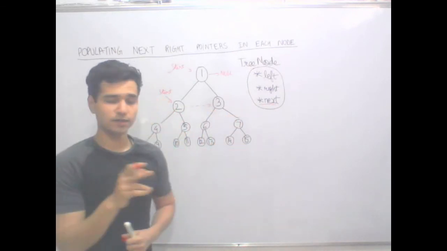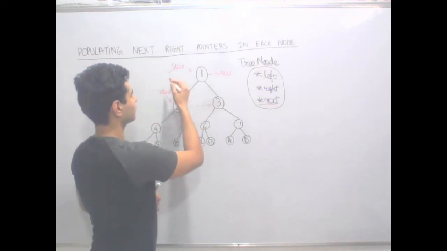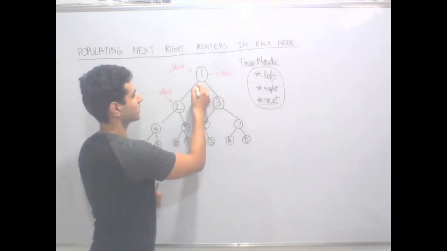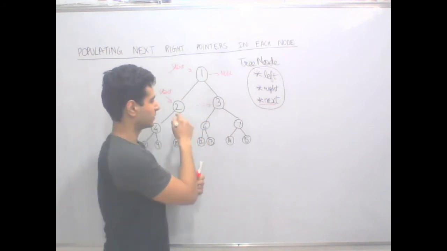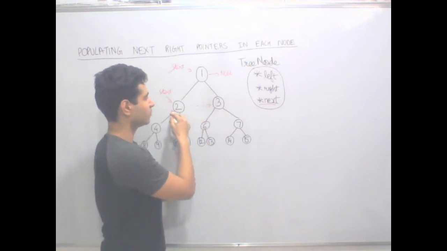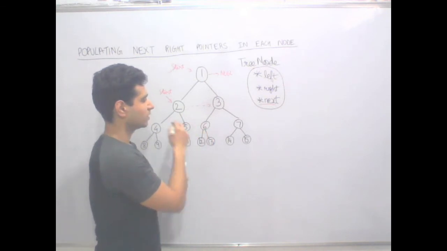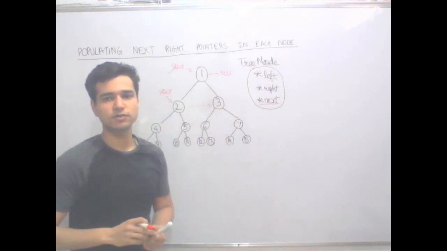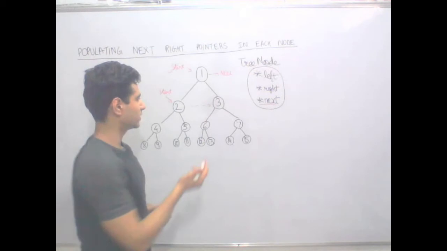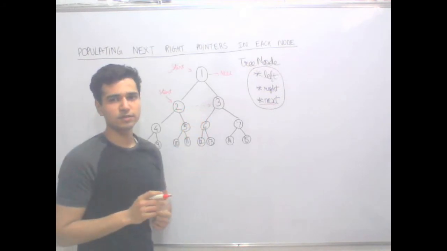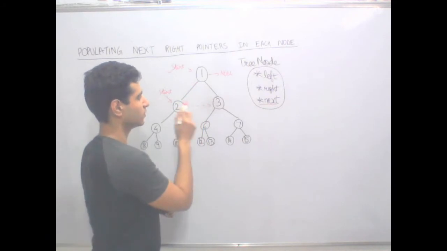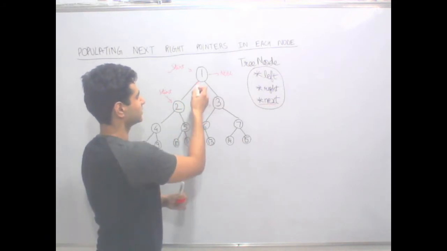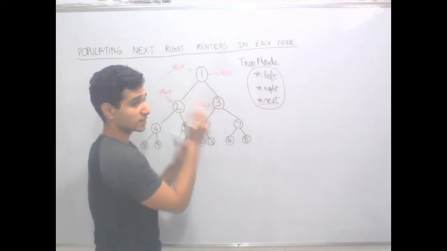Just before that, when start was here, we have to assign its children, right? That is how we will keep on moving on every level. Now, how will we do that? Its next pointers would already have been assigned at the previous level. So at 1, we would have assigned its left's next pointer.